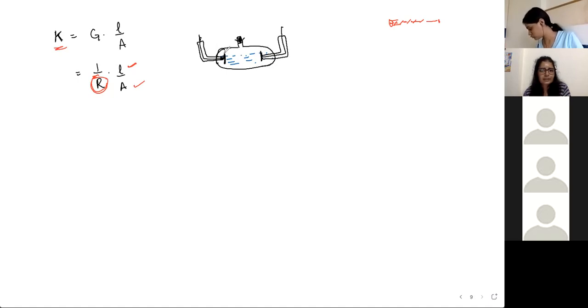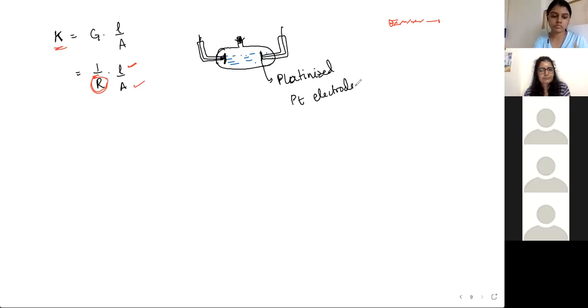These electrodes are called platinized platinum electrodes. What is that supposed to mean? The material that the electrodes are made of is platinum. That platinum metal is covered with a layer of platinum black, which is basically a different form of platinum.